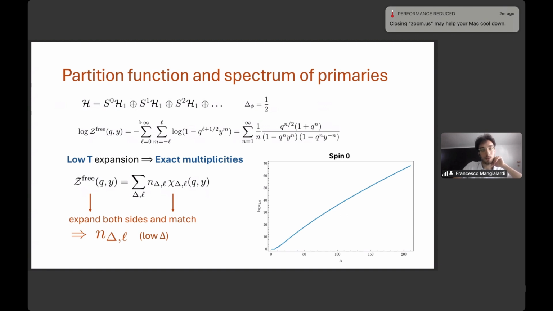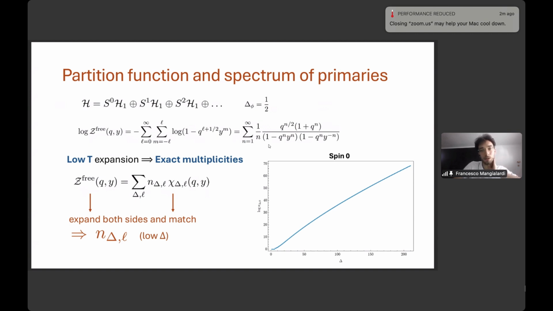And so we can easily find a formula for the partition function in this form here, where you see that this term comes from summing the geometric series, and then the rest is the Hilbert space of the single particle. And then one can massage this formula into this other form, which is slightly better for our purposes.